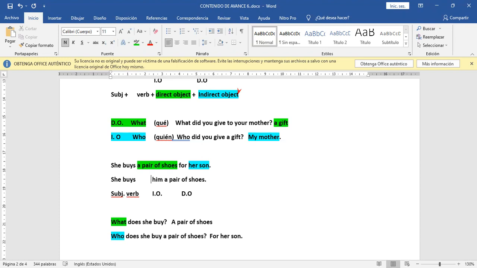She buys him a pair of shoes. What do we no longer need here? It's not necessary: for. Again, when the indirect object comes before the direct object, for is not necessary.